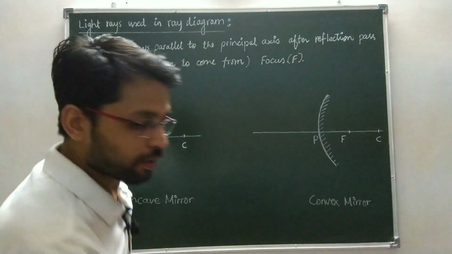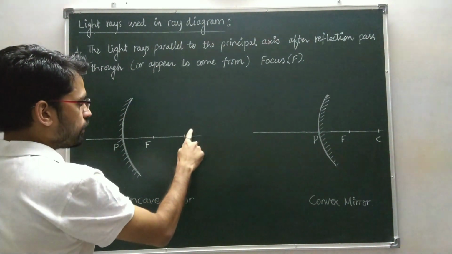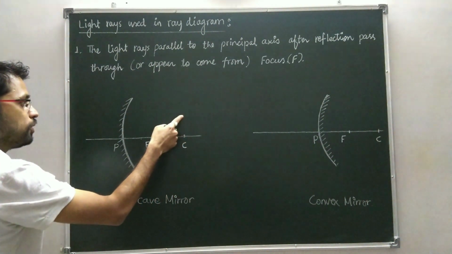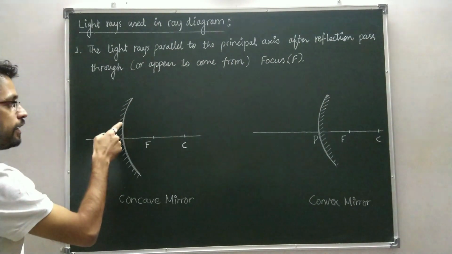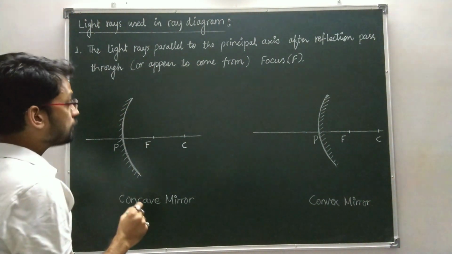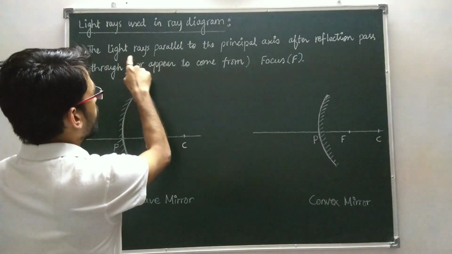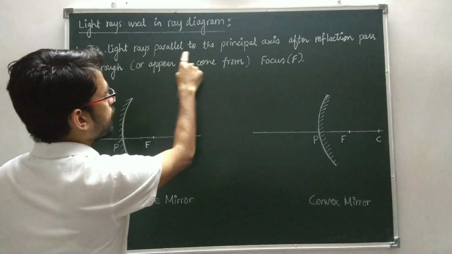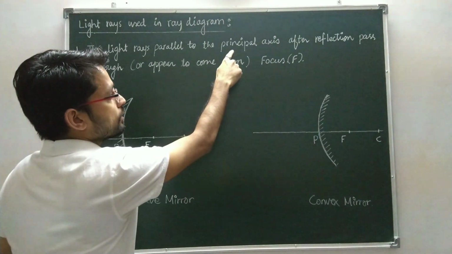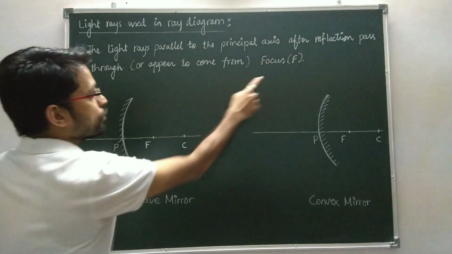Imagine the object is placed somewhere on the principal axis, and the light rays coming from the object are incident on the reflecting surface of the concave mirror. We choose this incoming light ray, which is parallel to the principal axis, because we know that after reflection the light ray passes through the focus.